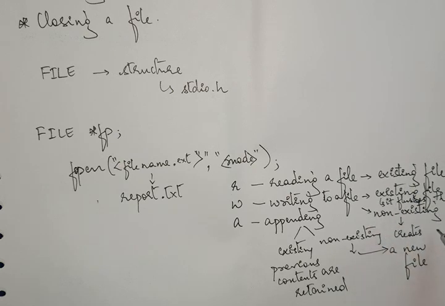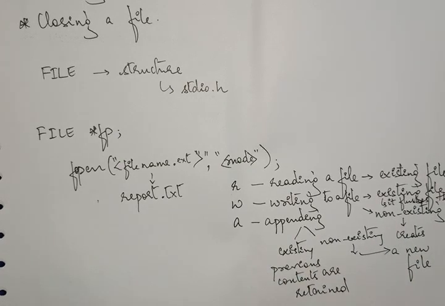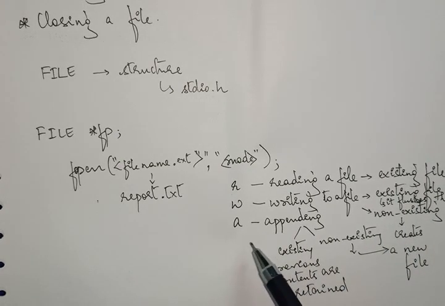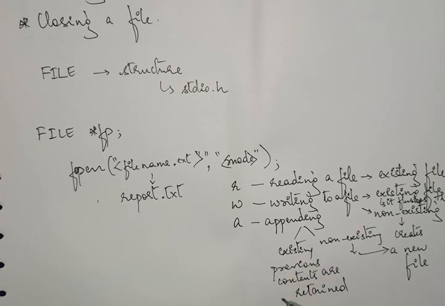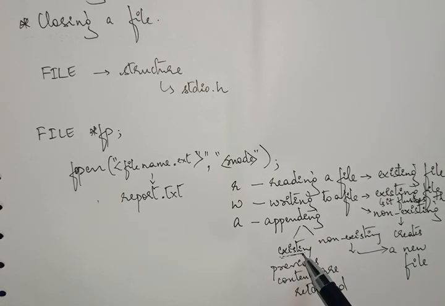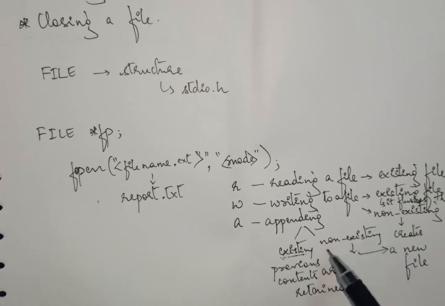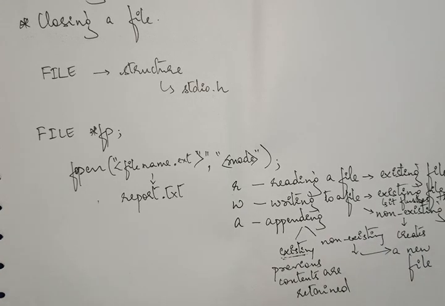If it is a non-existing file, it creates a new file and allows the user to write the data. Coming to A, the append mode, it allows the user to append data to the previous contents of an existing file. If it is applied on a non-existing file, it simply creates a new file and allows the user to enter data.